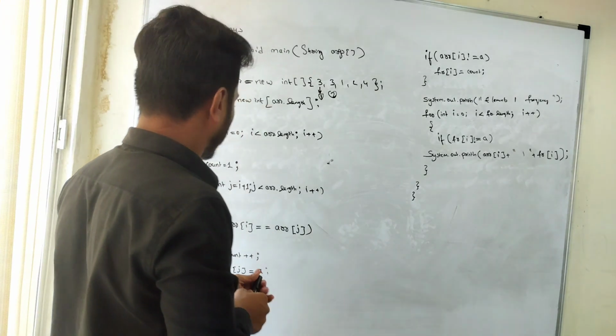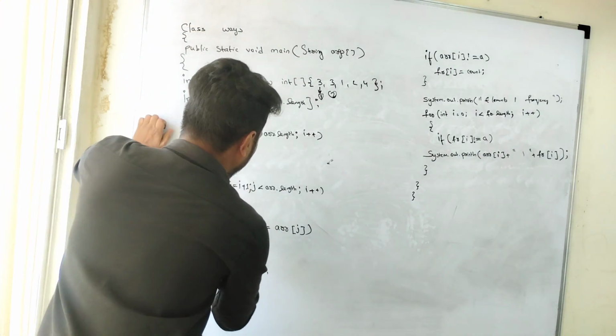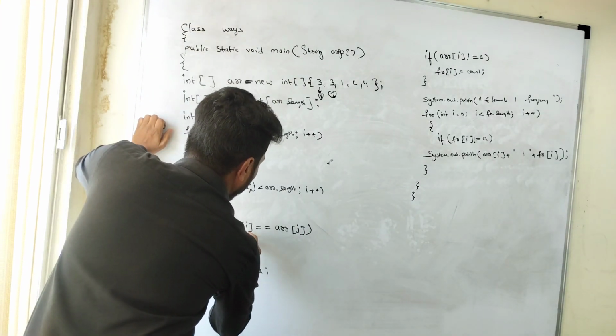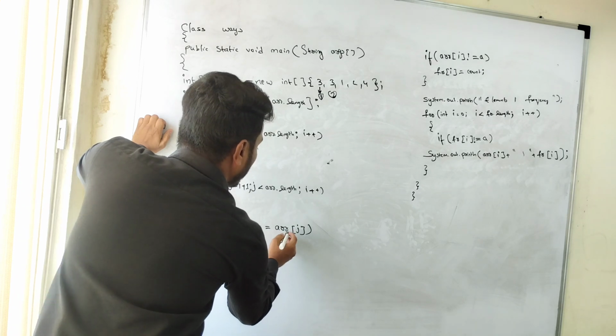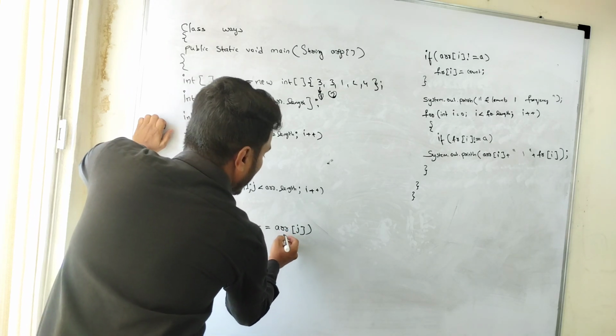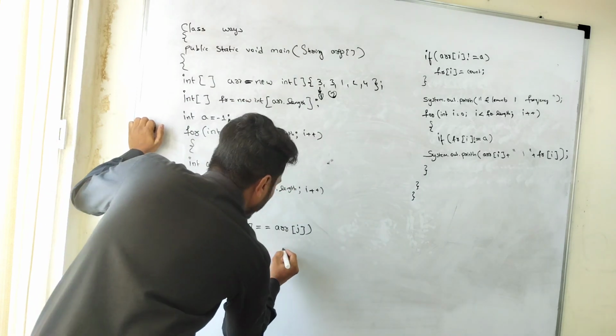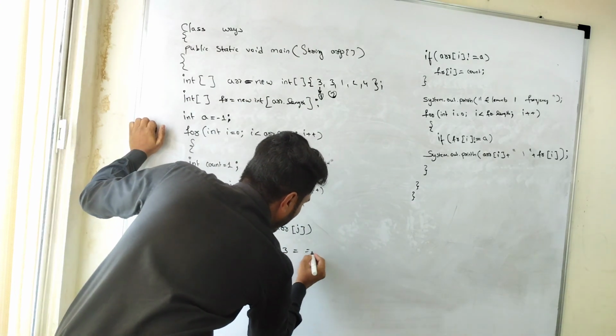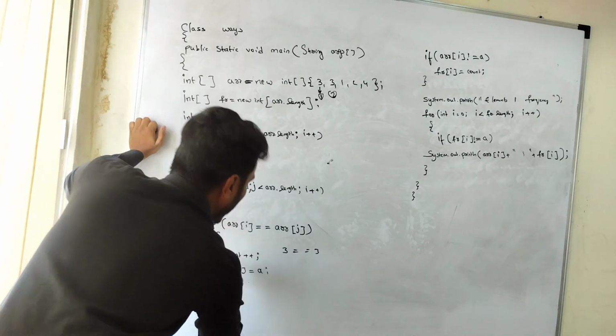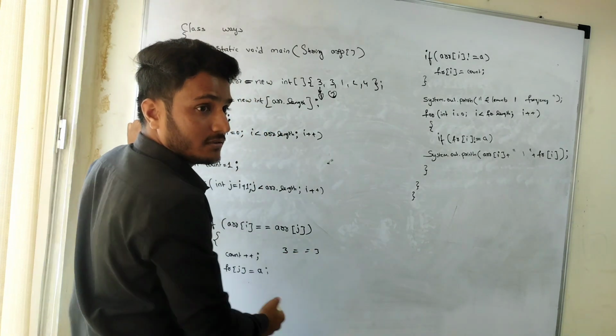Yeah, explain it. Continue. If array of I is equal to array of j, if the number is repeated, like if 3 is equal to 3, then it will count the values, how many times it is repeated.